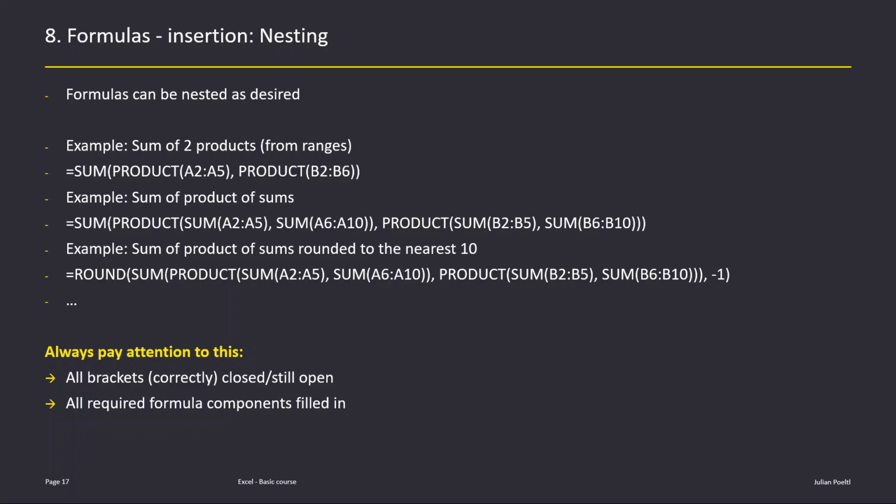Here you see the examples. You can nest it as you wish, but you should always pay attention to this: all the brackets should be closed correctly or stay open if you need those arguments later, and all required formula components should be filled in.